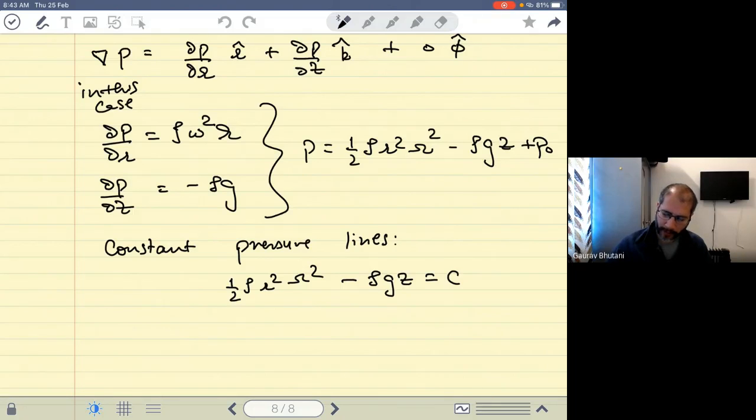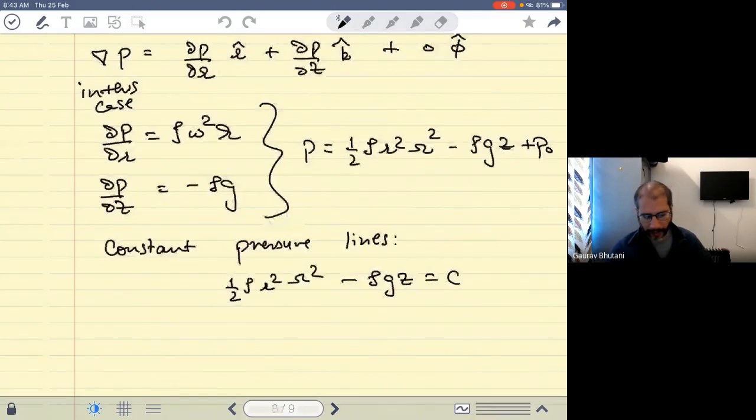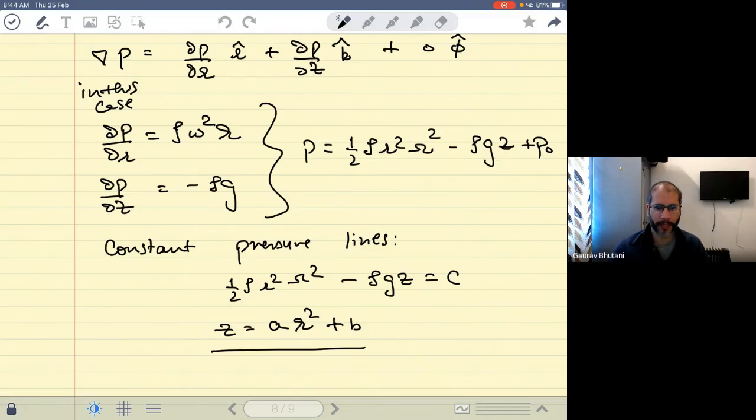If I move around the terms, we get Z, we get a parabola. So Z equals some constant, I'll call it A, times R square plus B. The variables here are Z and R, everything else is a constant, so I have included that in coefficients A and B. So this is one of the constant pressure lines.